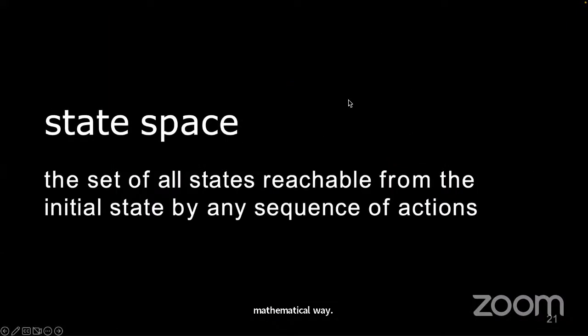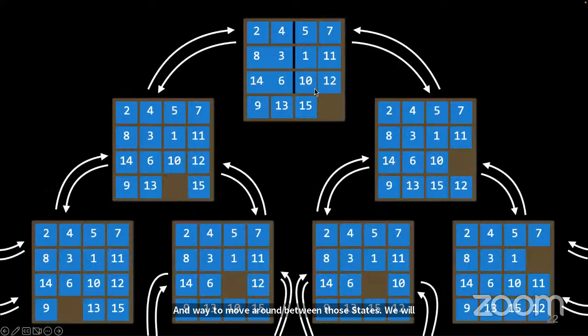So based on this transition model, we will get a lot of states and ways to move around between those states. We will collectively call this a state space.